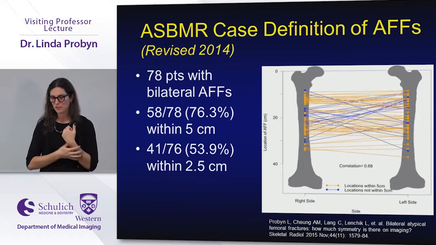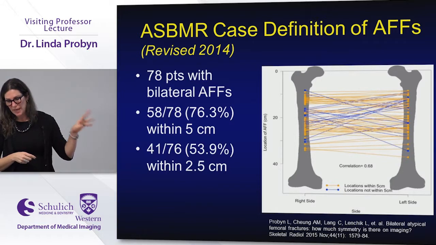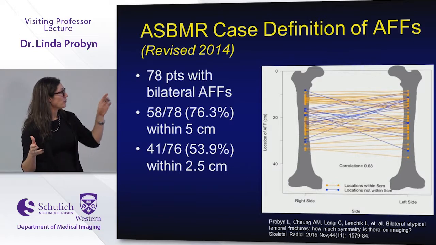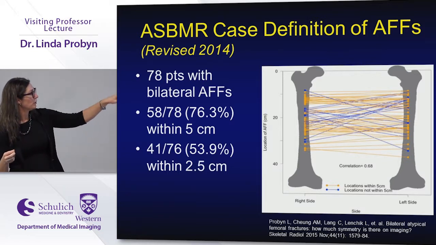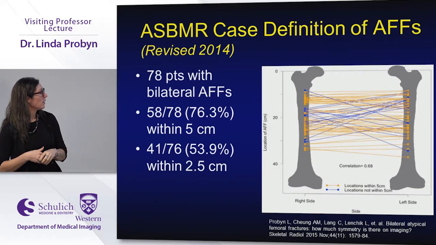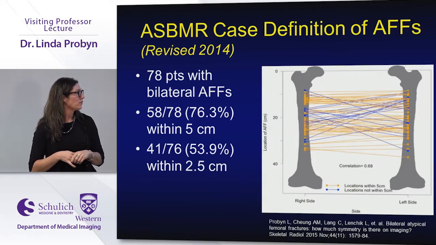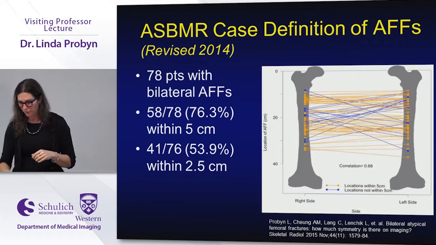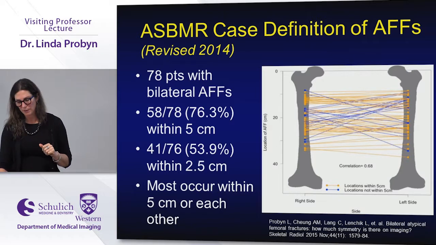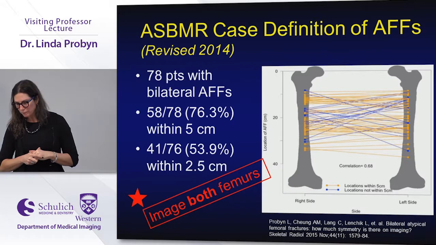I think there's over 300 patients now in the registry. 58 of these, so 76.3%, had bilateral fractures within 5 centimeters of each other, those are the blue lines there, and then 41 out of the 78, so 53.9%, were within 2 centimeters. So quite a number of them are very close together from right to left. Most atypical femoral fractures occur within 5 centimeters of each other. That's an important finding as well.